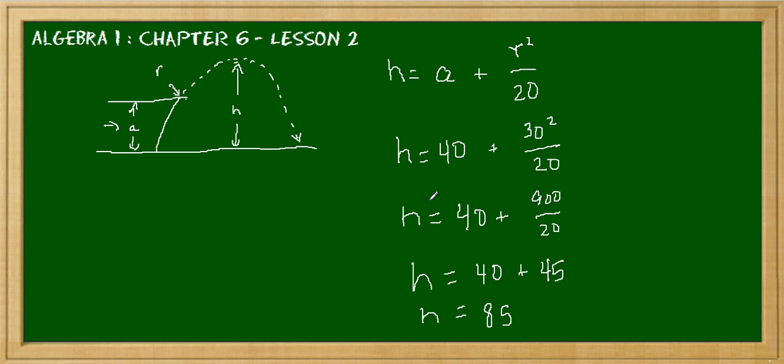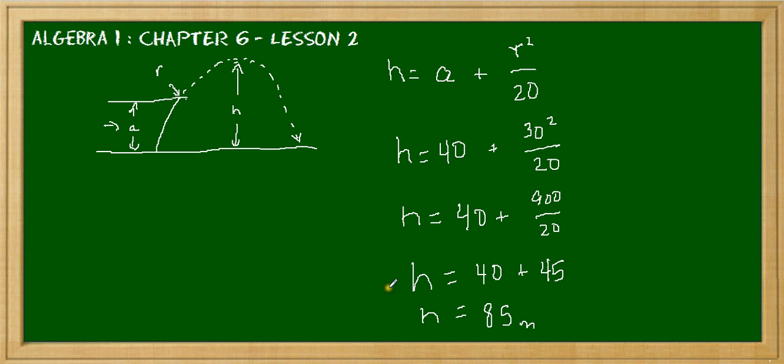Remember, it says here, when a rocket is launched upward, how high it goes depends on its height and speed at burnout. So this was the height at burnout, and this was the speed, and how it affected it was it gave it another 45 meters, which meant the height was 85 meters.